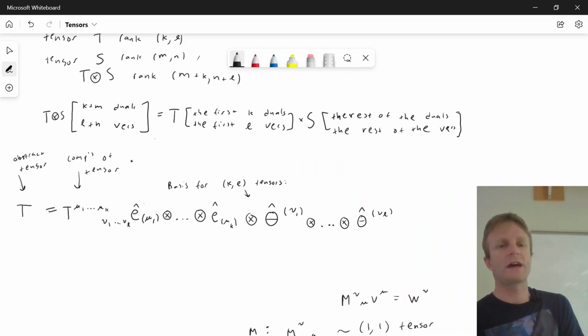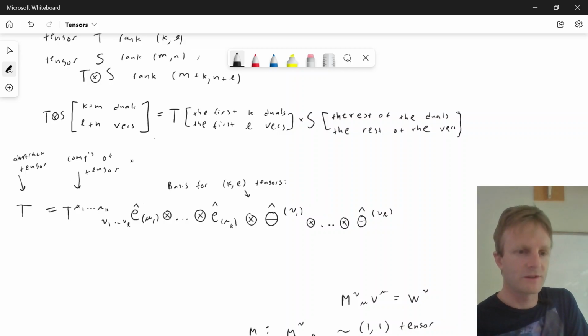And it's an exercise in writing out definitions to check that the components of the tensor product just end up being, you write them next to each other. So let's do simpler examples.